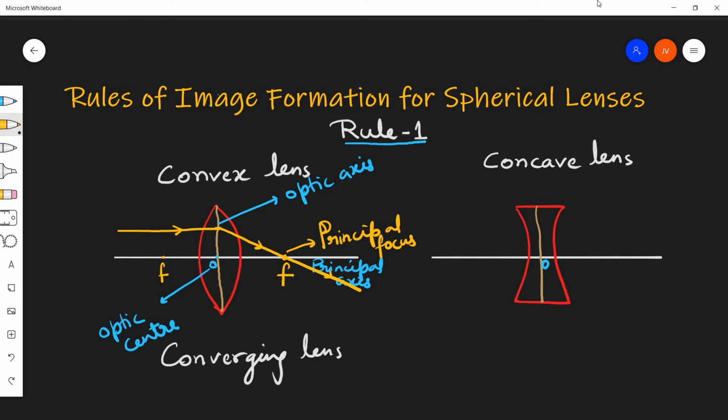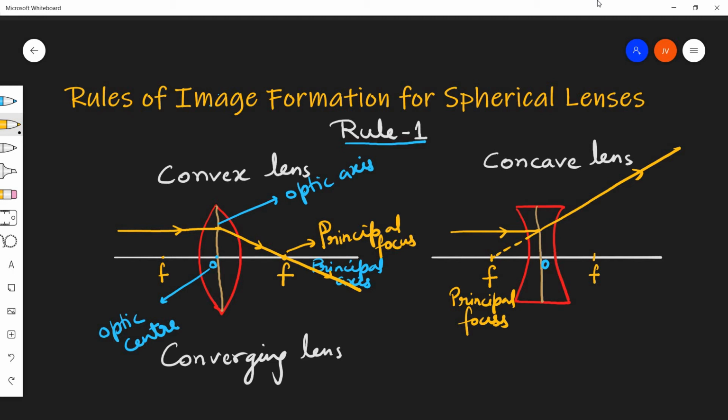And in case of a concave lens, when a ray of light is incident parallel to principal axis, then after refraction it appears to have diverged from a point on principal axis known as principal focus. That means in case of concave lens, principal focus lies to the left of the lens, though on the other side also there is a focal point.